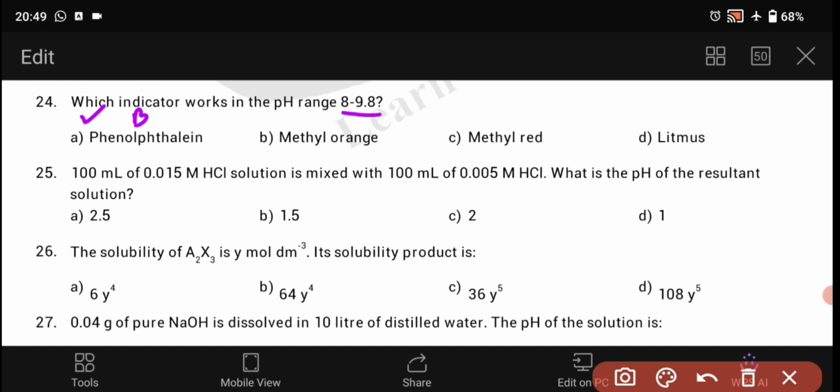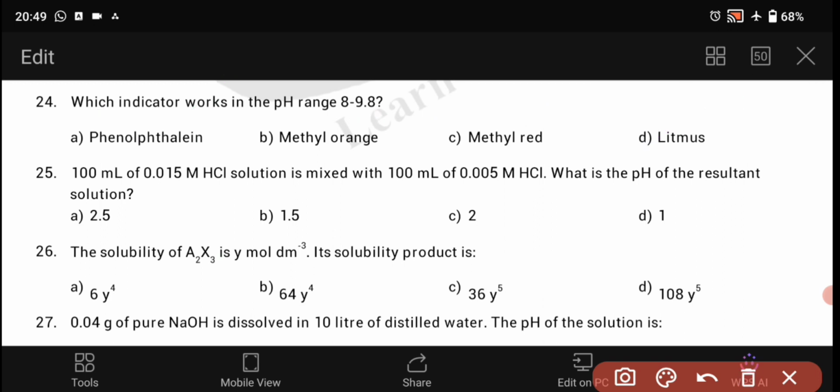Methyl orange and methyl red work in acidic medium, so the pH range has to be lesser than 7. Litmus works in the range of 5 to 8 pH, so this can be both acidic or basic. But phenolphthalein works in the basic pH range, that is greater than 7. So this is the option.